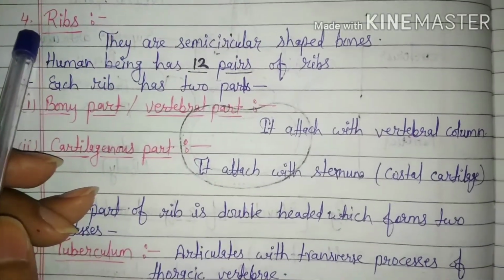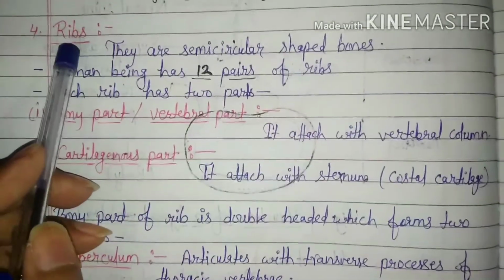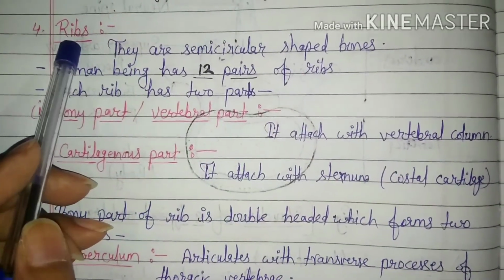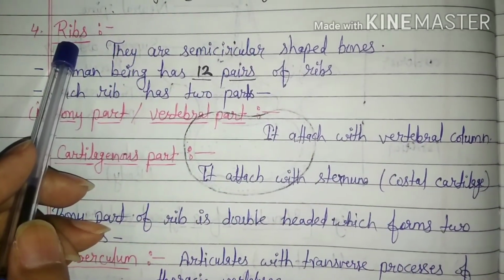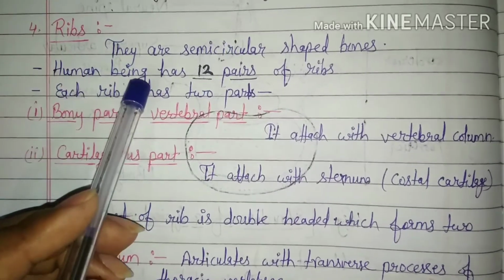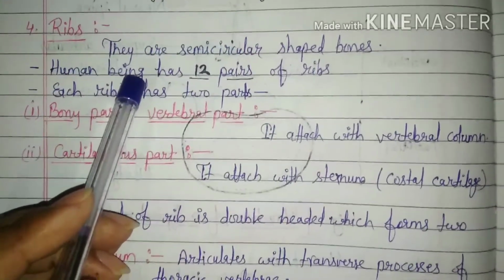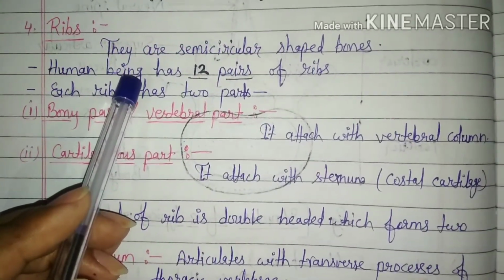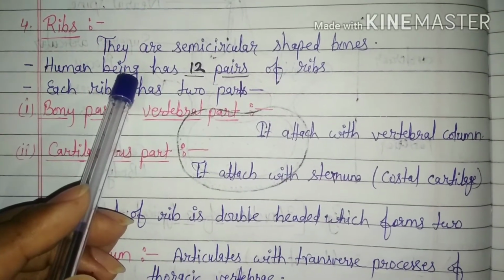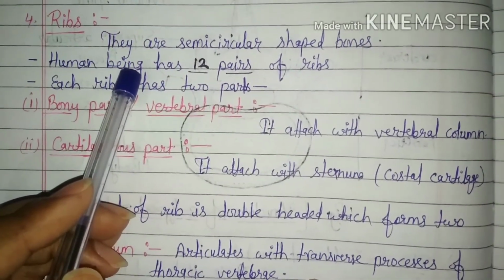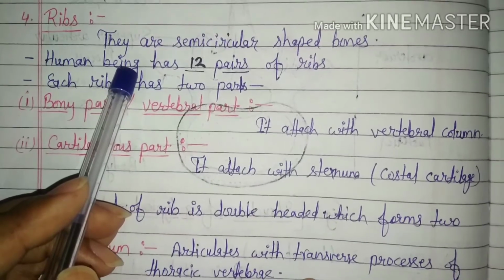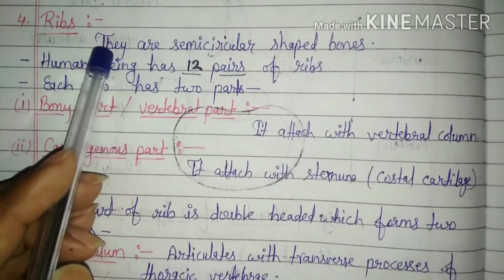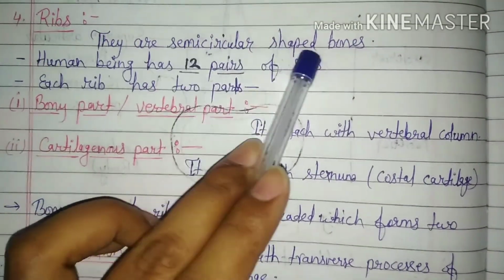Now, the last part of the axial skeleton is ribs. There are 12 pairs of ribs found attached with thoracic vertebrae. Each rib is a flat, thin and curved structure. It means ribs are semicircular shaped bones.